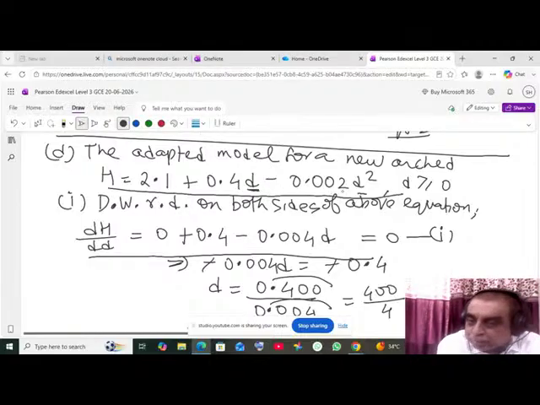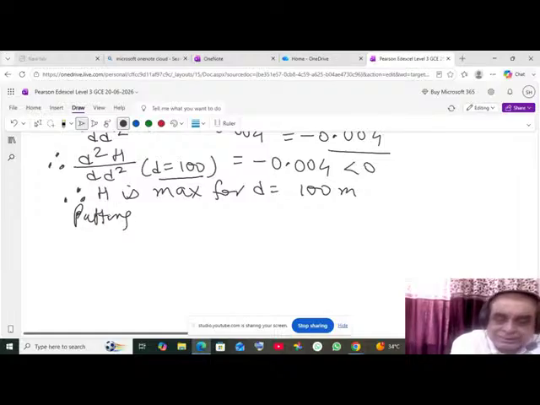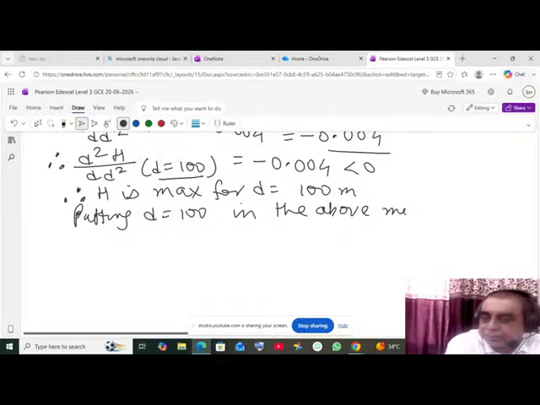So in this formula you write the value of d as 100, and that will give the maximum height reached. Putting d equals 100 in the above model, the h value will be maximum.